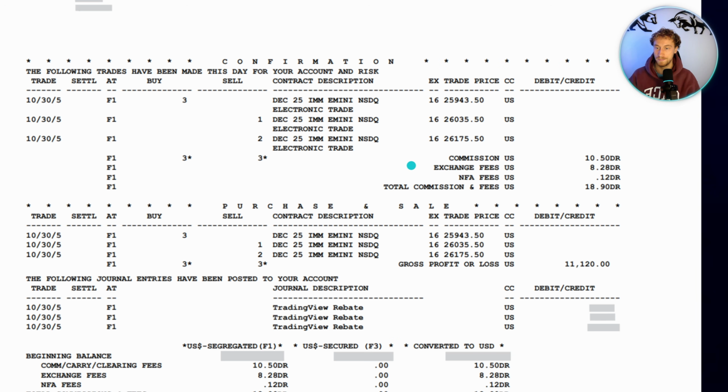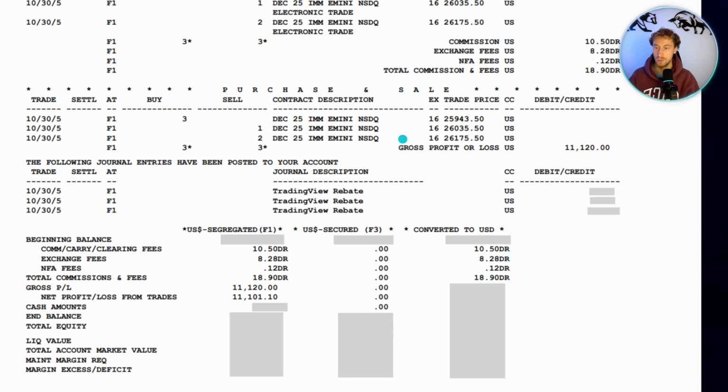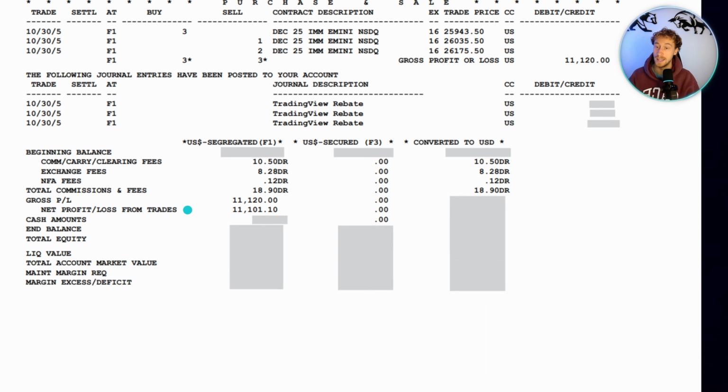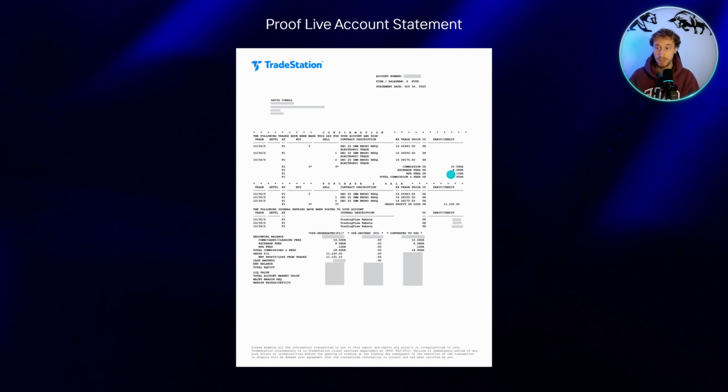I'm fully out. Additionally, we can see the gross profit of $11,120 US on this single trade, and the net profit for this trade after commissions are deducted. Just for your information, for privacy reasons, I have blurred out some sensitive information on this statement.